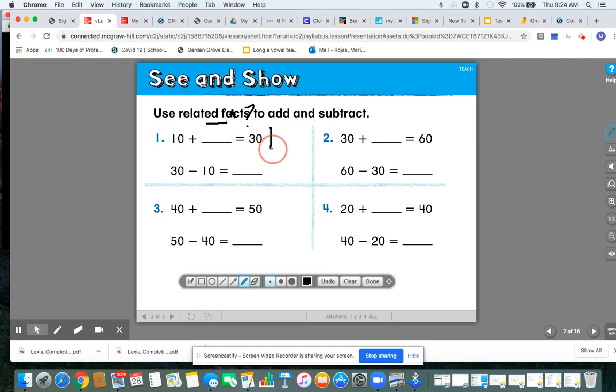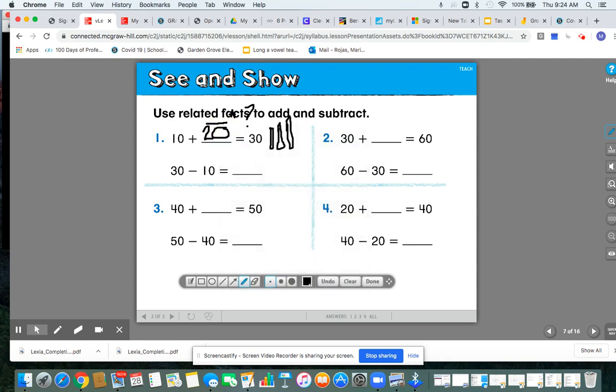That's 10, so I need to get to 30, so I'm going to get 20 and 30. So I can do this if you need to. Some of you are really good and you don't need to do this. So I can say, well, start off with 10, and to get to 30, I added 2 more tens, which is 10, 20. So my answer would be 20.